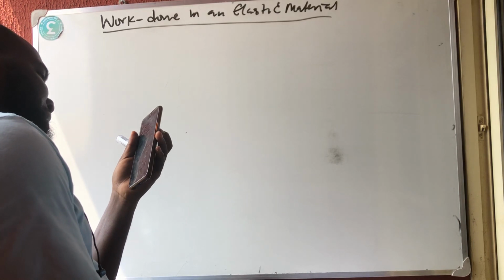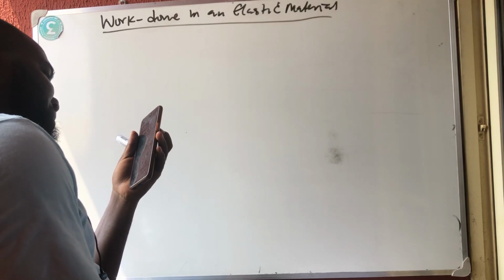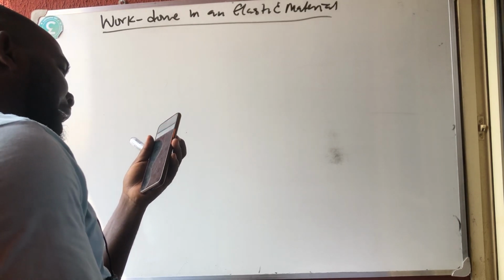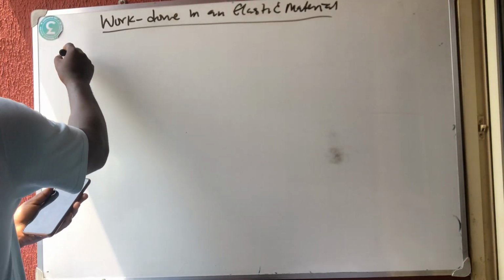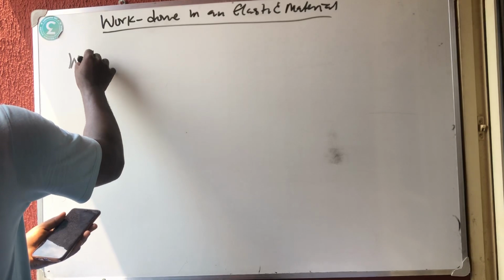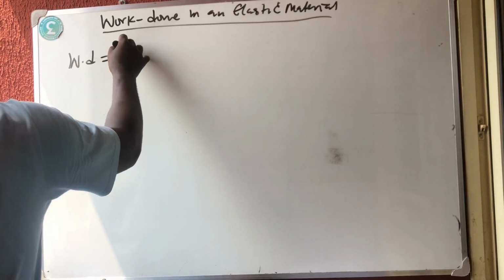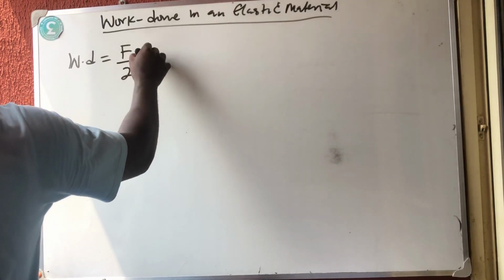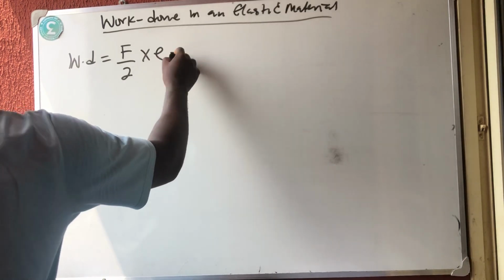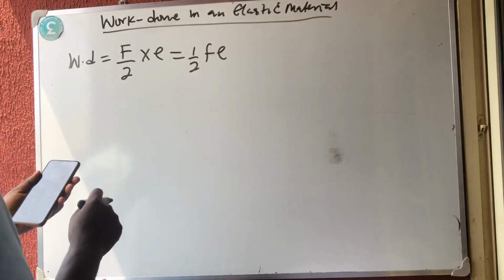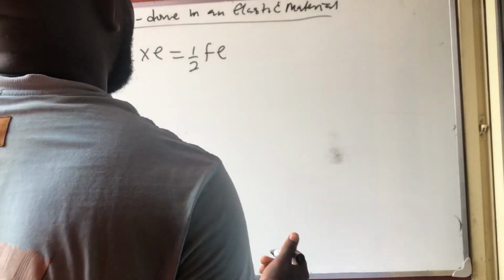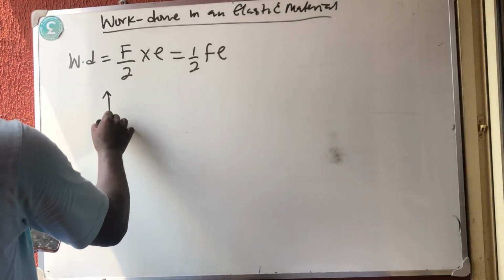The work done in an elastic material is defined as the average force times extension. The average force is the force over 2, times the extension. So that's why the formula is 1/2 Fe.